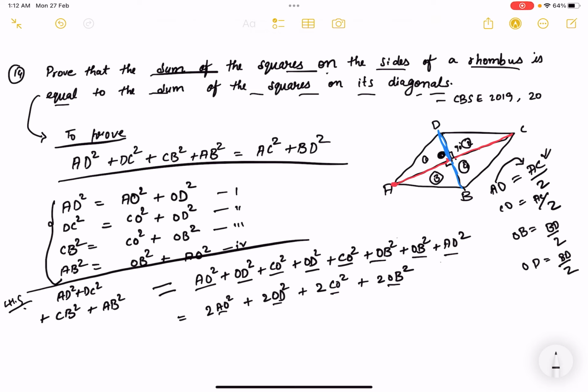So putting all these values, instead of AO we put AC upon 2, so we will get AC square by 2. Here also if we put OD as BD upon 2, we will get BD square by 2.